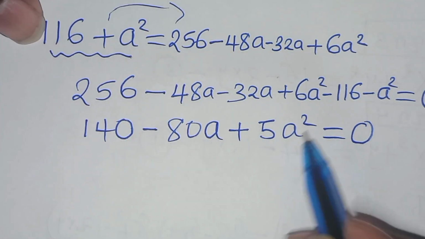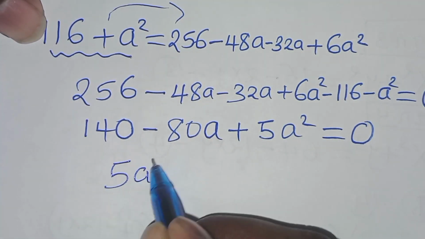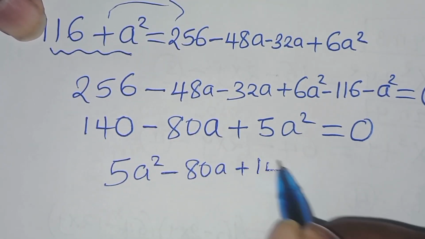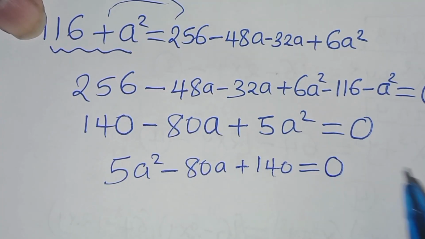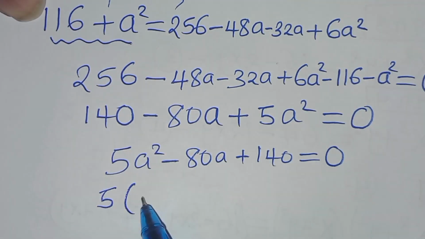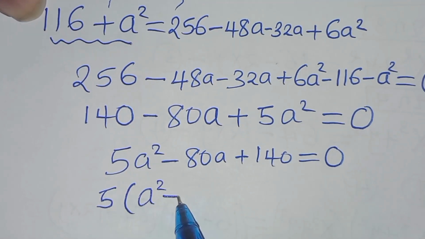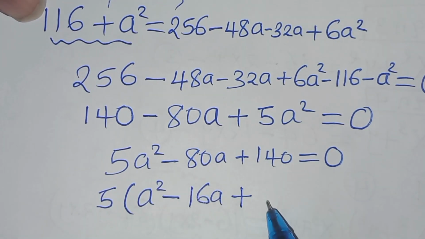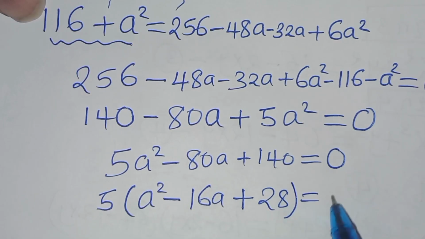Now, let's rearrange this equation as 5a squared minus 80a plus 140. This is equal to 0. Now, from this equation, we can factor out 5, so that here this is a squared minus 16a, then plus, here we have 28. This is equal to 0.